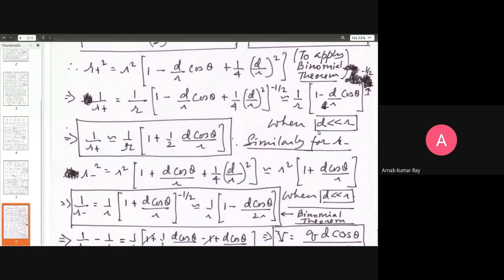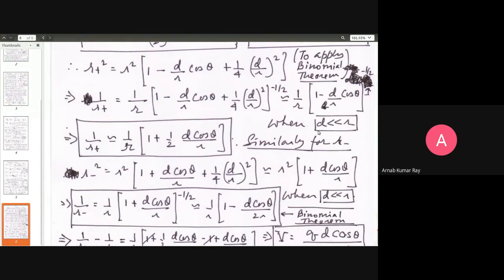Half raised to 2, half squared, is 1 by 4, that is 0.25. We can already see that the higher power has become smaller than the lower power. Half raised to 3, 1 by 2 cubed, is 1 by 8, so 0.125. So 0.5, 0.25, 0.125, and like that you keep going to smaller and smaller values.